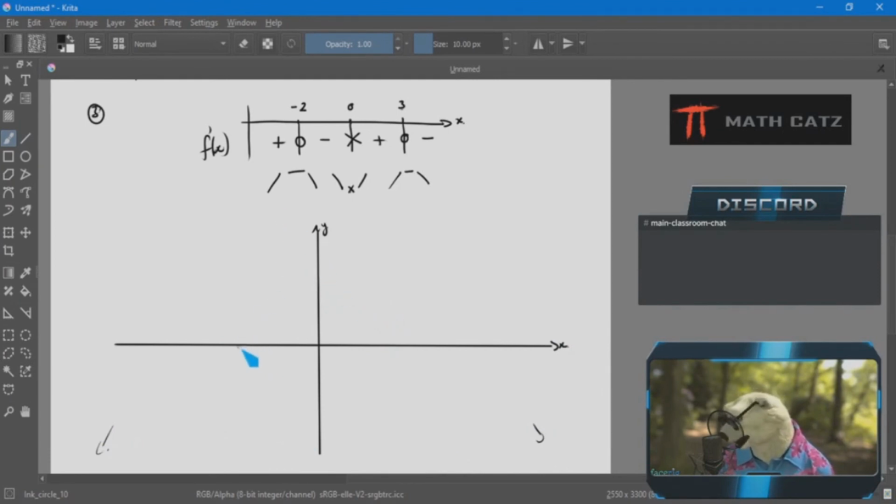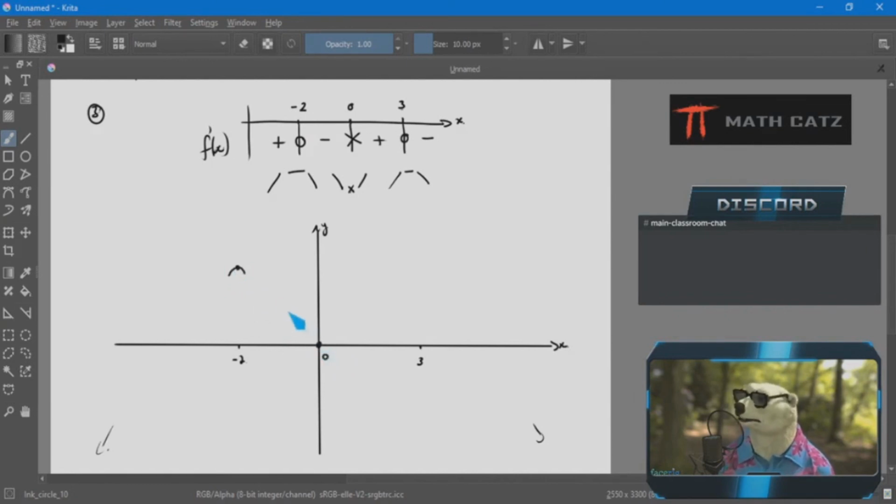So something happens at -2. Let's put -2 over there. Something's happening at 0, and I know there's a y-intercept at 0 already. Something's happening at 3. I'm going up, increasing to a top turning point, then down to 0. So the top turning point has to be somewhere above the x-axis. I'll put it over there.